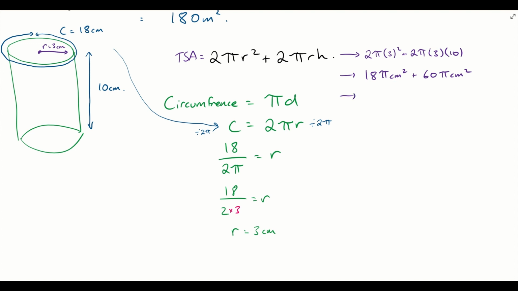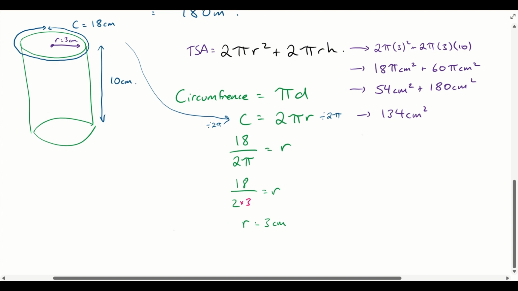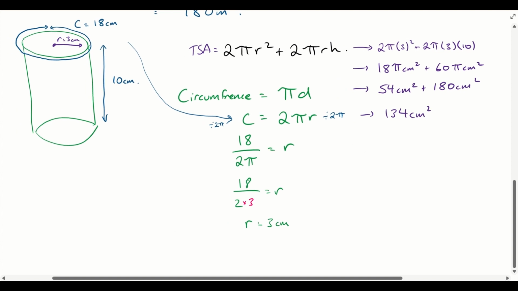Okay, and we can add those together. Again, if we assume that pi is roughly 3, we get 18 times 3, and that is going to be 54. And 60 times 3 is 180. Add those two up, we get 234 centimeters squared.